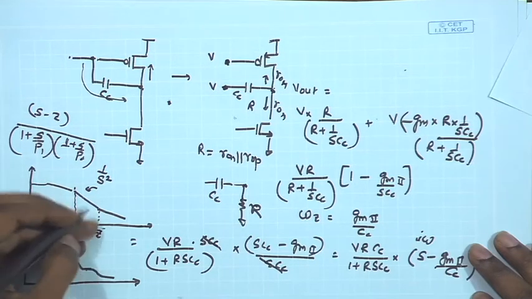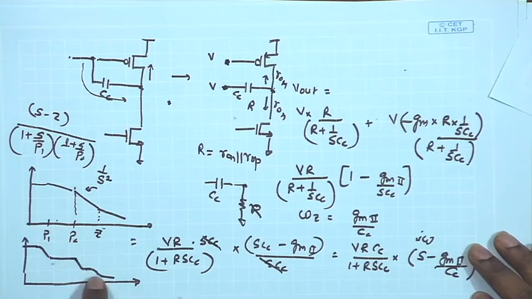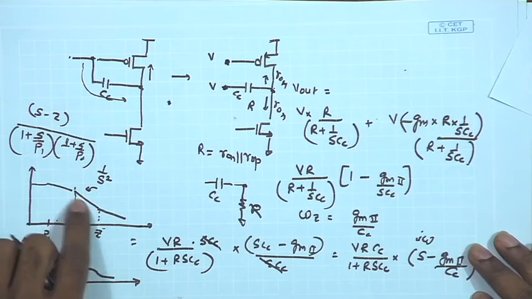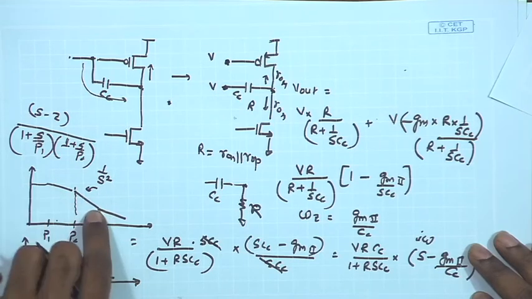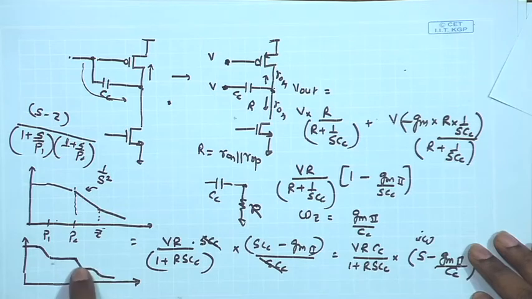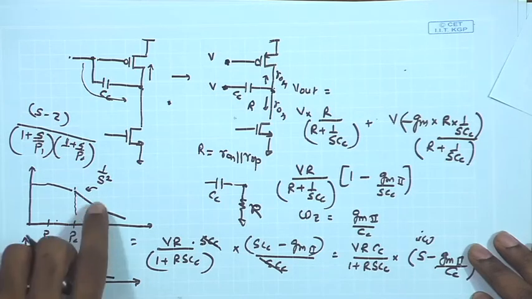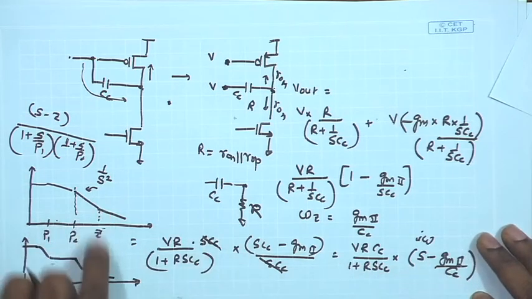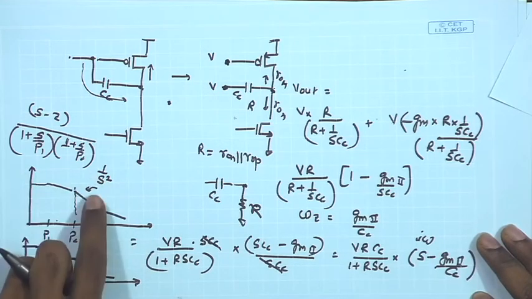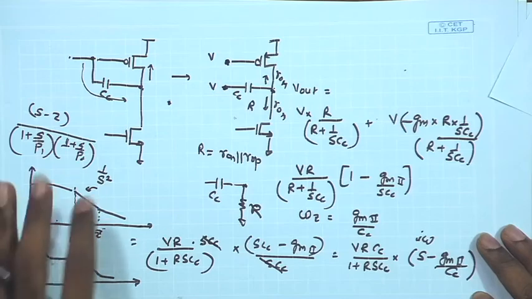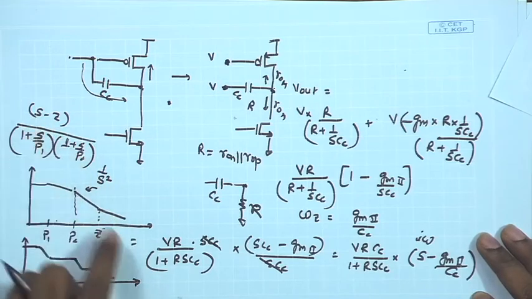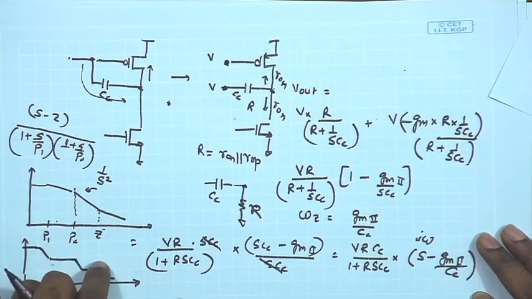As a result, the possibility of encountering instability can be enhanced, because the rate of decay of the gain has been reduced, at the same time the rate of decay of the phase is getting increased. As a result, this particular 0 can reduce the phase margin, and for that we need to address this issue, and we need to make certain modifications in the circuit so that the 0 can be eliminated.